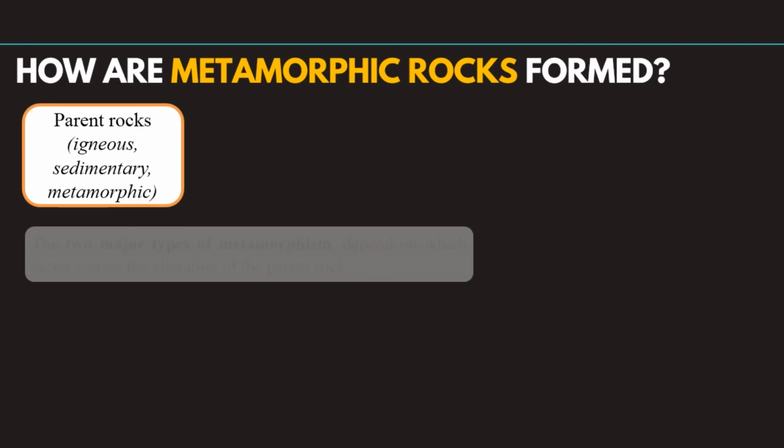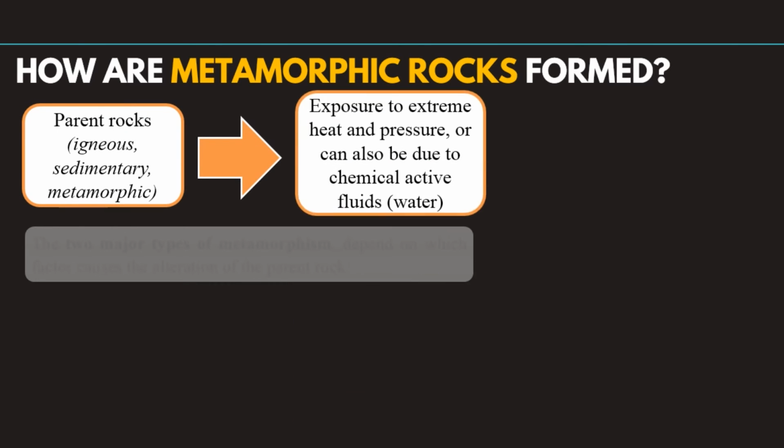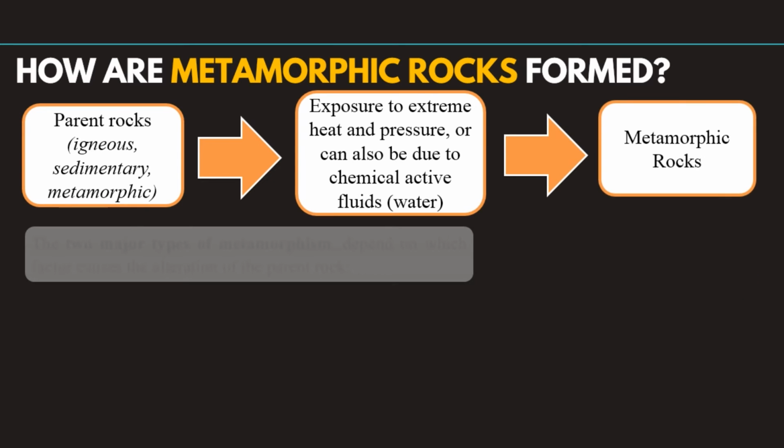This may happen when these parent rocks are exposed to extreme heat and pressure, or can also be due to chemically active fluids that may cause mineralogical, chemical, and structural changes to these parent rocks, which eventually will result in the formation of a new type of rock, which are metamorphic rocks.